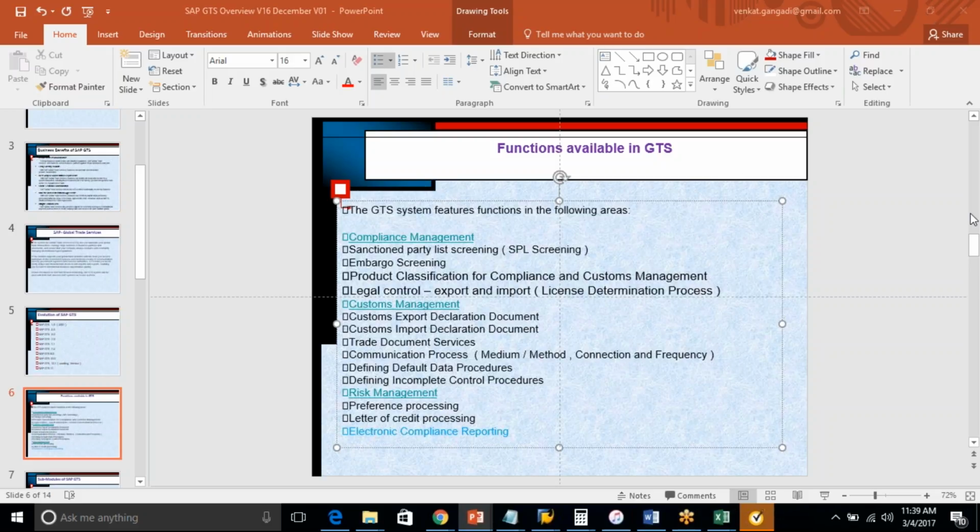There are many, especially when it comes to the integration part, transferring the data from ECC to GTS, restricting the data, and using user exits or BAdIs to transfer the data. We also have BAdIs in the GTS module to control each and every requirement. Yes, we do have custom development like ECC.